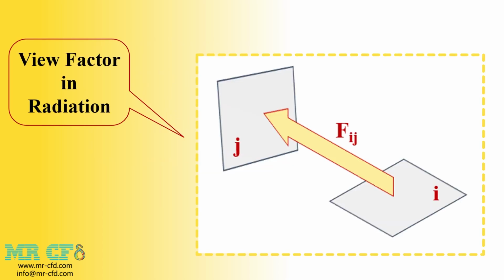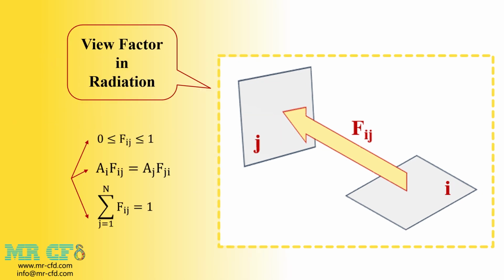Now, suppose that radiation rays are transferred from a surface called I to a surface called J. The ratio of the energy received by surface J to the energy emitted by surface I is expressed as Fij. According to this definition, the numerical view factor will always be between 0 and 1.